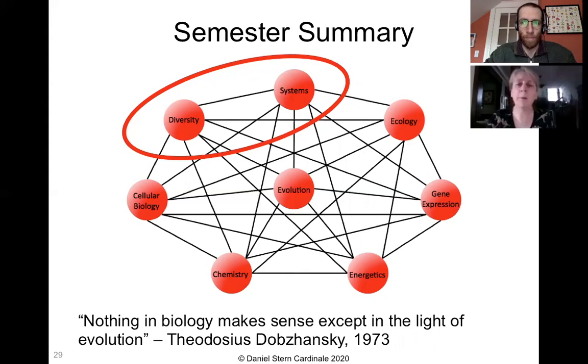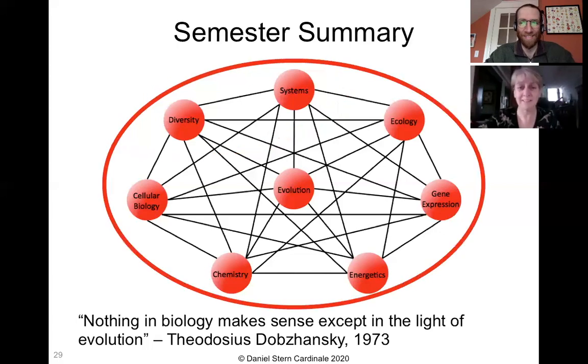But if you take your mind back to September of 2019, you'll realize that we actually covered a whole lot of things. This course covers an incredible number of individual ideas: diversity and phylogenies, systems, ecology, evolution, transcription, translation, photosynthesis, cell respiration, oh my goodness, oil rig, and all of the topics we talked about, mitosis and meiosis.